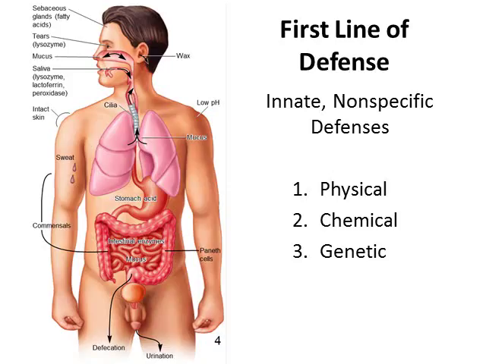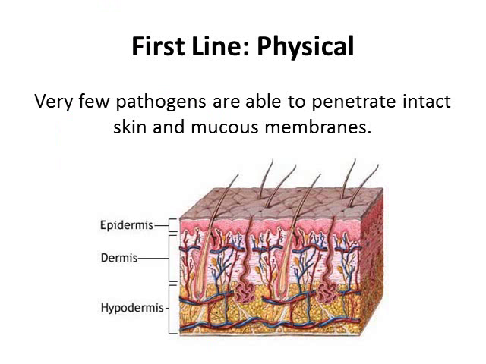Okay, in our first line of defense, remember these are innate, nonspecific defenses, so we're born with them, and they help protect us from a lot of different illnesses. There are basically three categories of our first line: physical, chemical, and genetic defenses. The physical defenses are basically our skin and our mucous membranes, the very outside part of our bodies that is exposed to the environment.